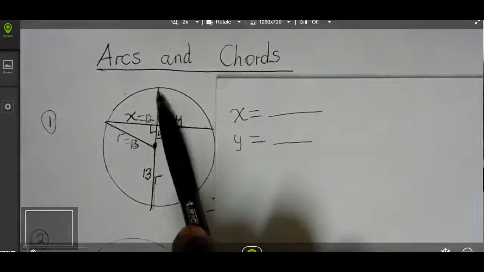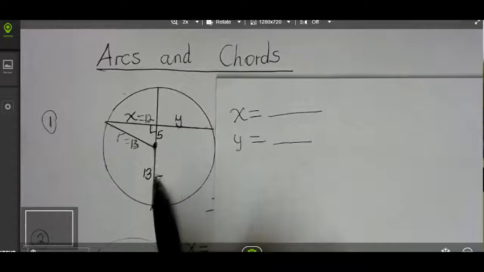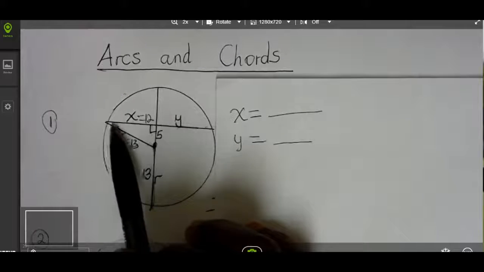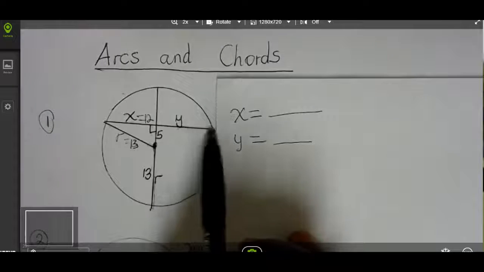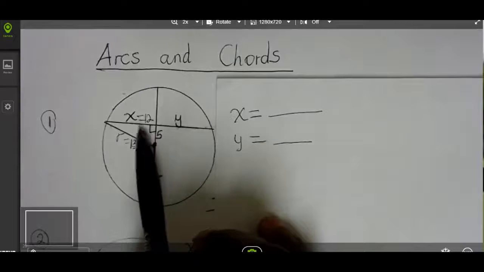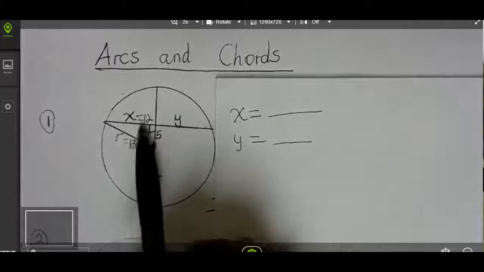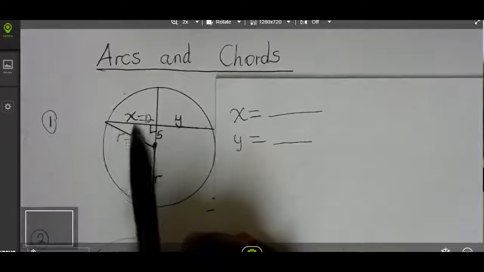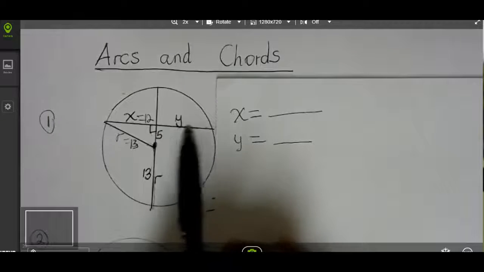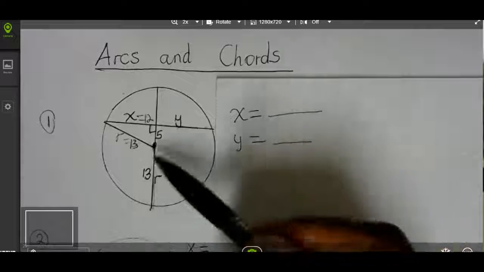So here's the circle, the diameter, and we have a chord that is perpendicular to the diameter. Therefore, if this segment is 12, that is going to be 12 also.